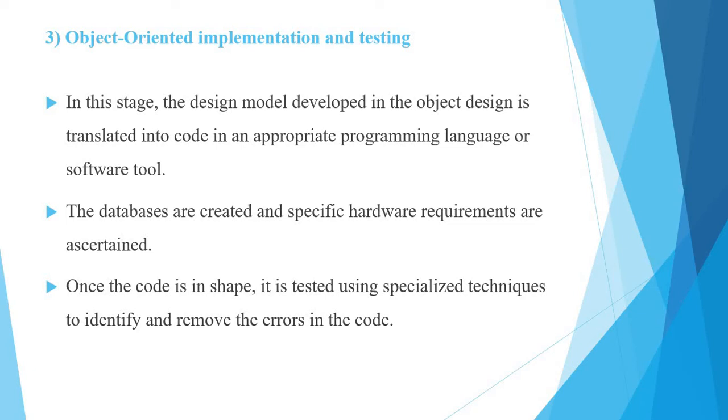The databases are created and specific hardware requirements are ascertained. Once the code is written, it is tested using specialized techniques to identify and remove the errors in the code.